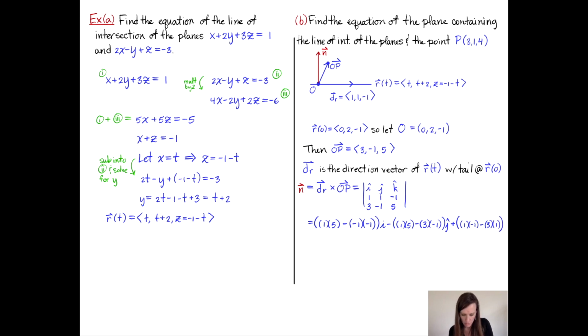So simplifying that, we have 5 minus 1 is 4i. Then minus 8j. And in our k component, we have negative 1 minus 3, so a negative 4k.